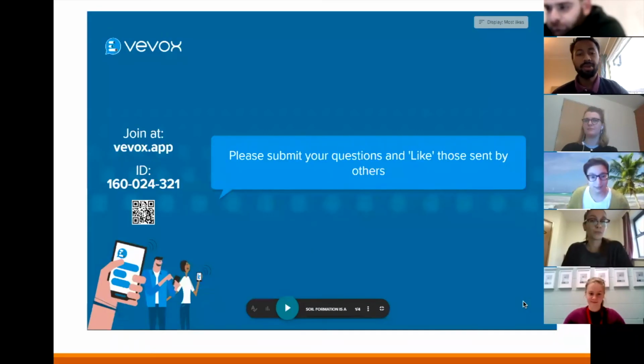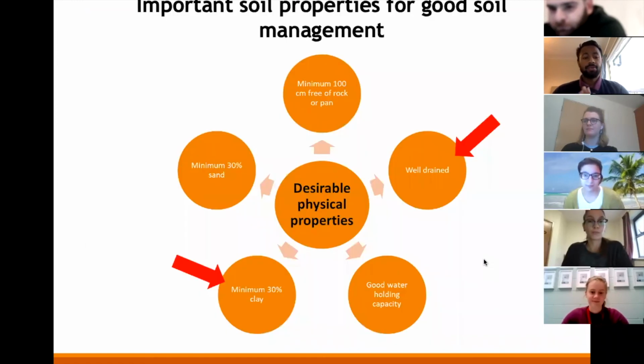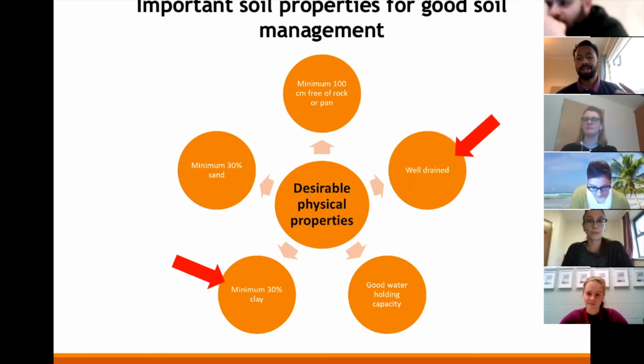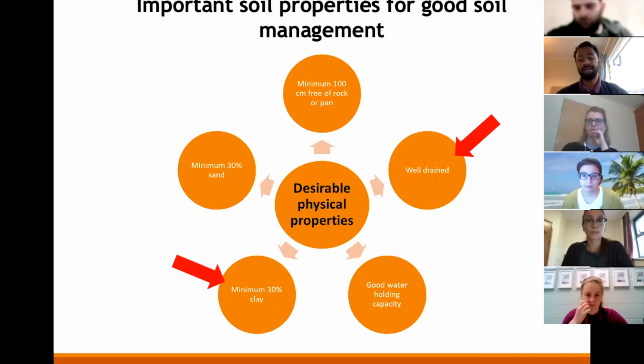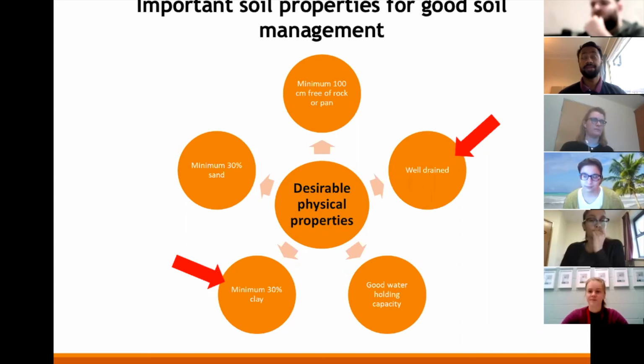Okay, moving on. So what would be the important soil properties? As you answered in the previous quiz, you must focus on the physical properties first, where the soil has to be well drained. You must have a minimum of 30% clay, because clay particles in your soil capture minerals as well as water, which hydrates your crops better than if you don't have clay.